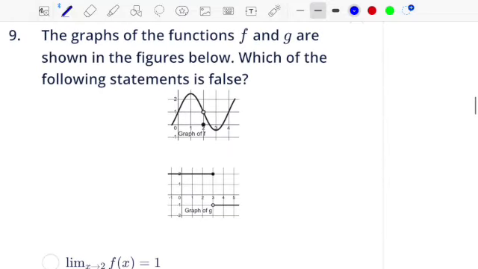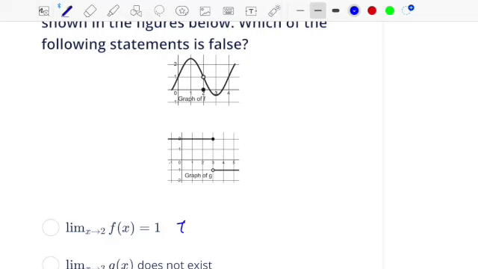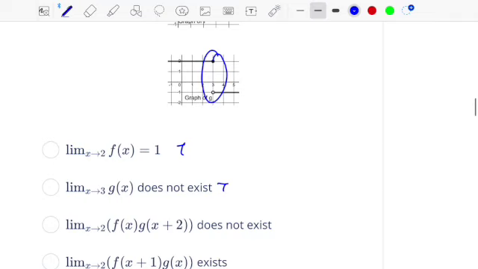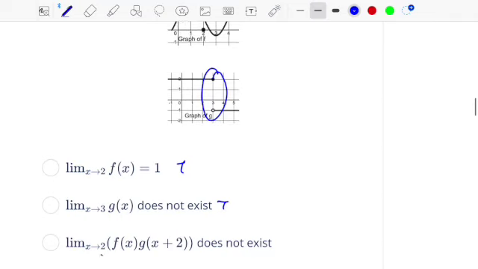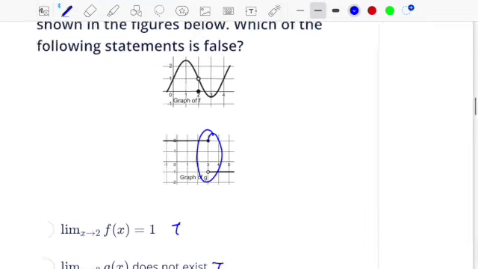Graphs of the functions f and g are shown in the two figures. Which of the following statements is false? The limit as x approaches 2 of f of x is 1. Oh, that's true. The limit as x approaches 3 of g of x does not exist. That is true. g of x plus 2 as x approaches 2 does not exist? Well, that would be f of 2.